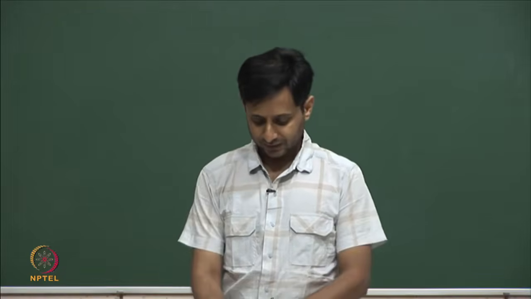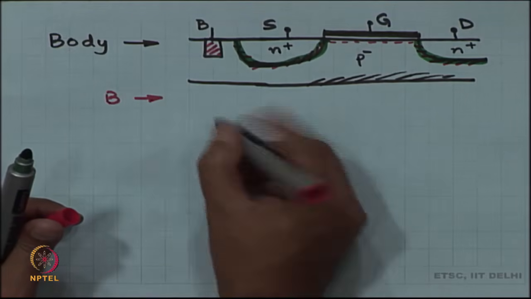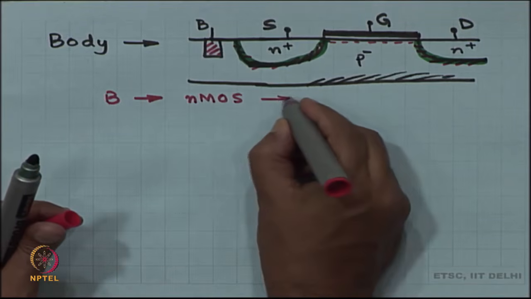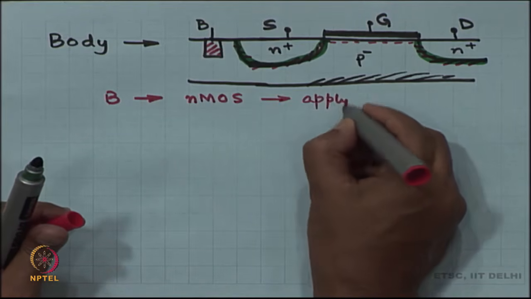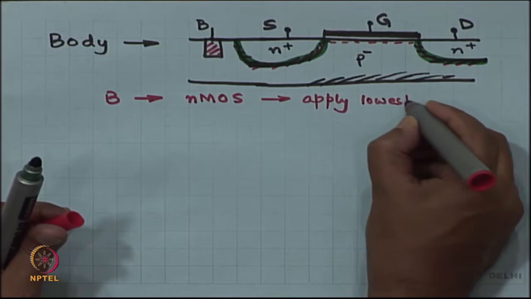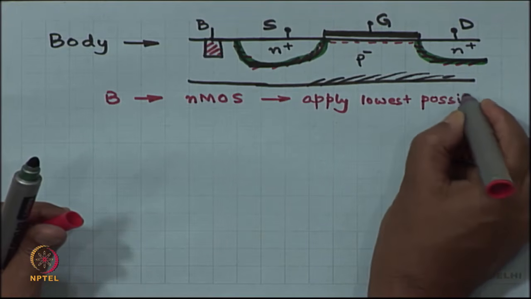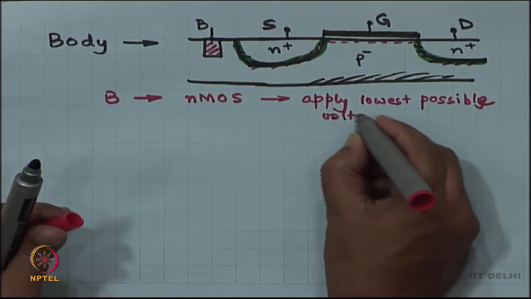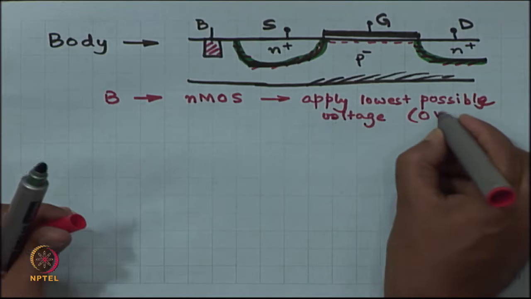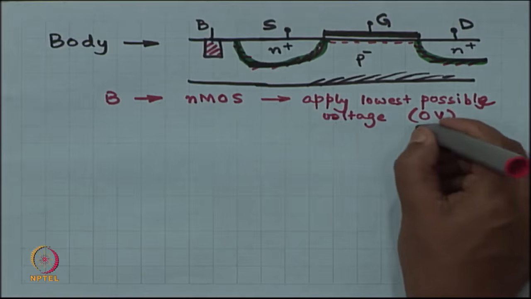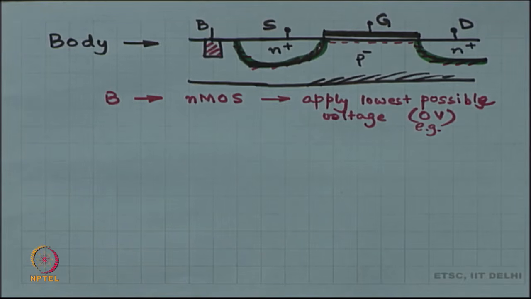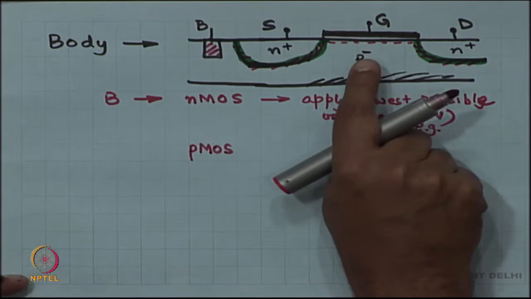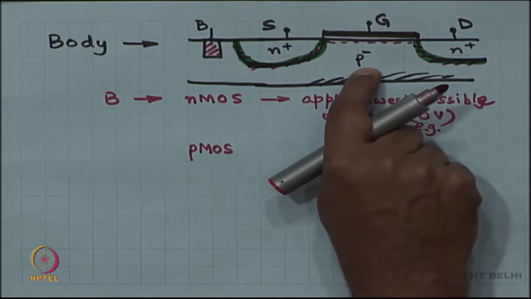So, the strategy is that for the body terminal in an NMOS, I apply the lowest possible voltage, usually ground, for example. But if you are working with a PMOS device, then the body is going to be N minus, right.